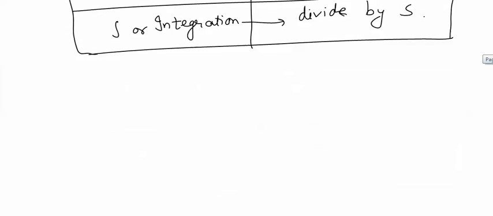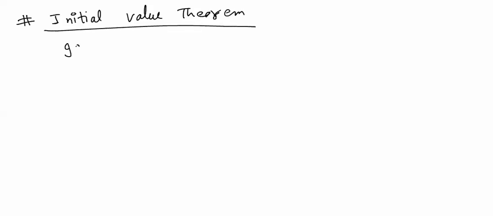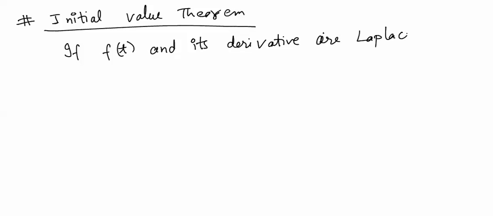Then one more thing I would like to discuss here is the initial value theorem. What is the initial value theorem? Let's say if f(t) and its derivative are Laplace transformable, that means Laplace is possible, right?